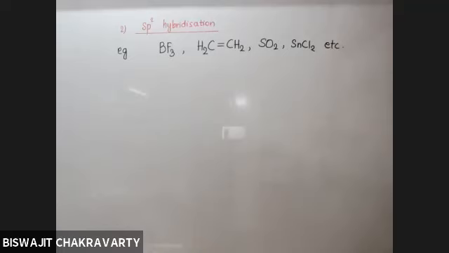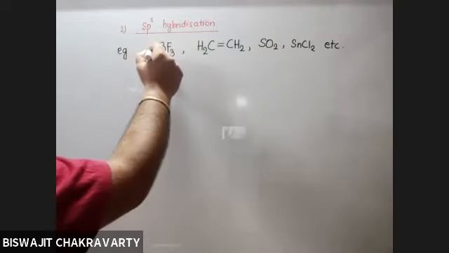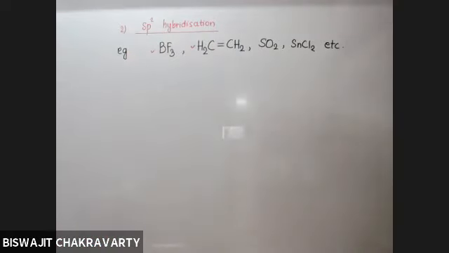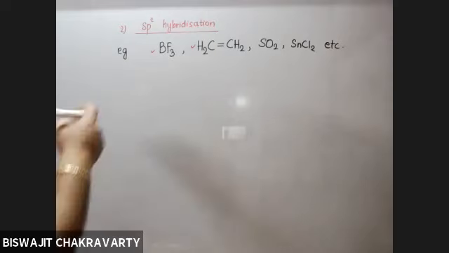And out of all these examples, we will study in details about the first two, boron trifluoride and ethene. So boron trifluoride, of course, is a monocentric molecule with boron as the center, whereas ethene is a dicentric molecule, just as ethane was. So we first talk about the shape of boron trifluoride.